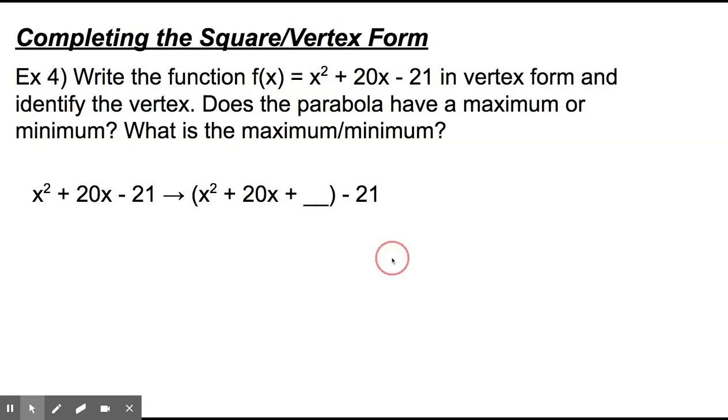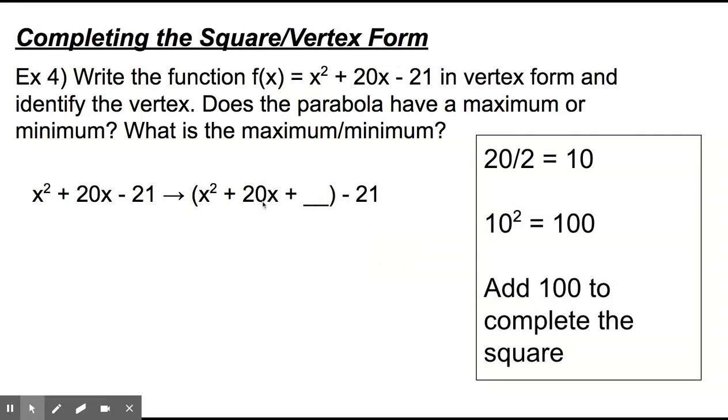So the first thing you should have done is taken that value of 20, divided it by 2, and that gave you 10. 10 squared is 100. Again, because we're adding 100 here on the inside to keep things balanced, we also are going to subtract 100.